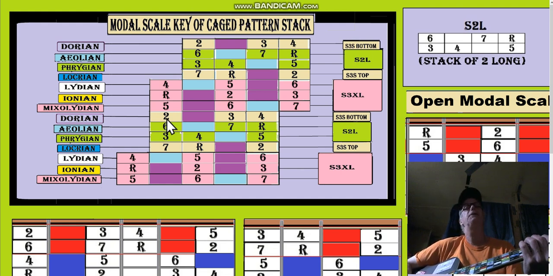Here's the F pentatonic. And then the G pentatonic.